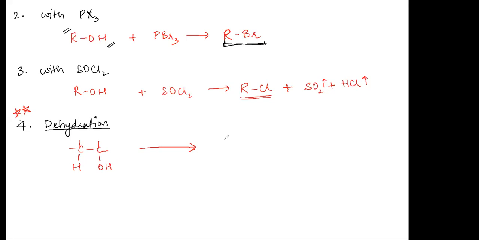What is the product you get? Yes. So this will give you an alkene, and since it's loss of water, you get H2O. Yeah, you get hydrocarbons, yes, Aryan, but because you don't have enough hydrogens, right? You're removing hydrogens, in fact. So to fulfill the valency, the single bond becomes a double bond.